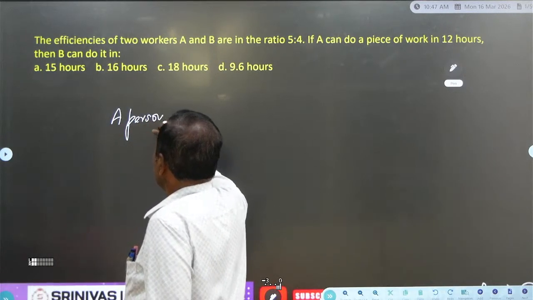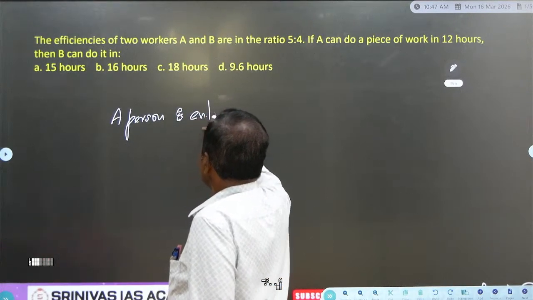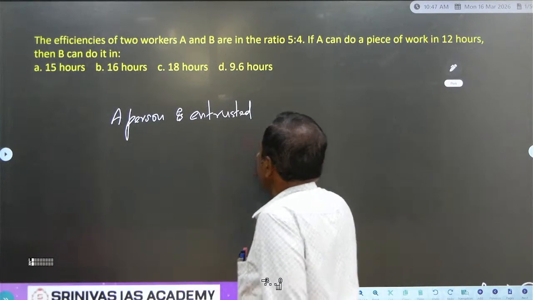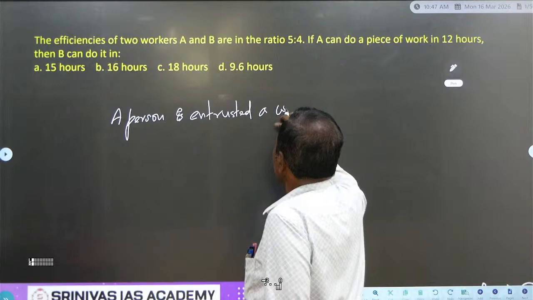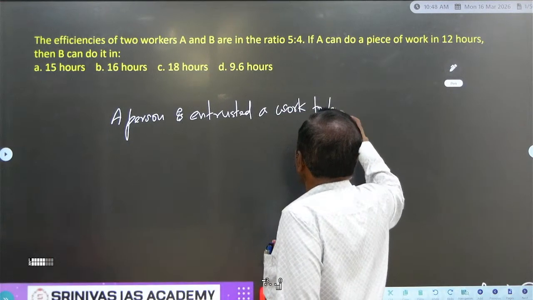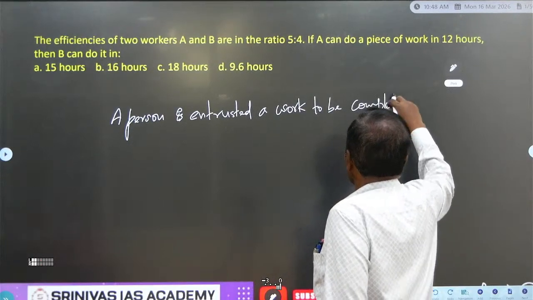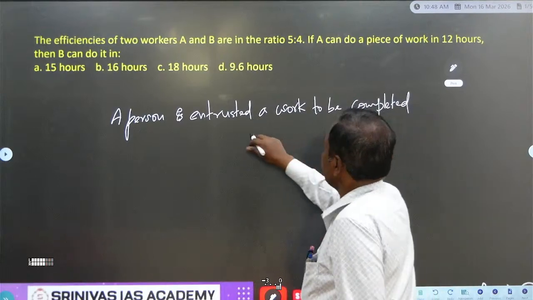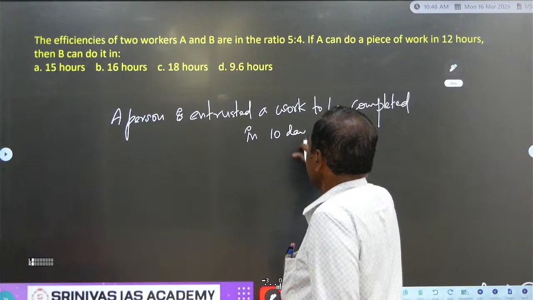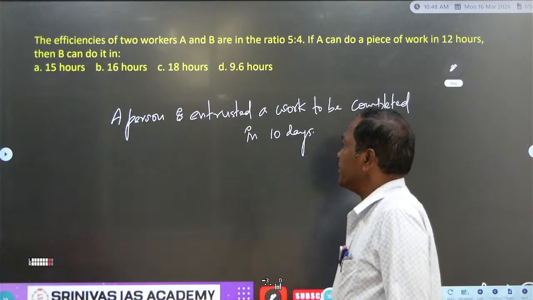A person is interested in a work to be completed in 10 days.